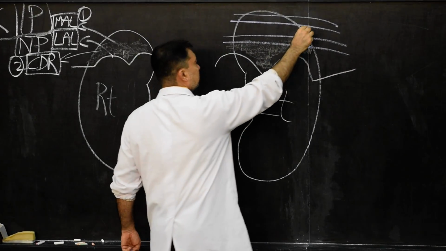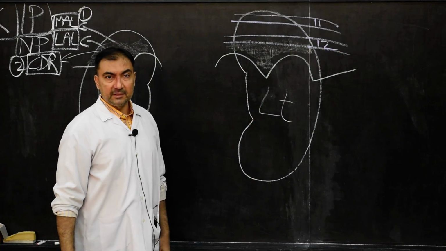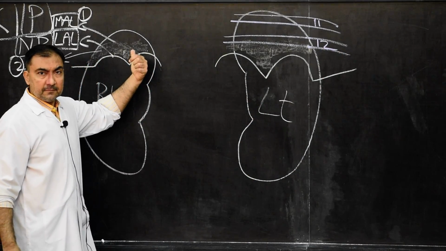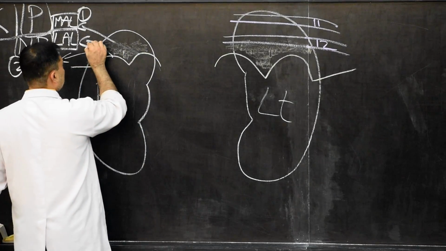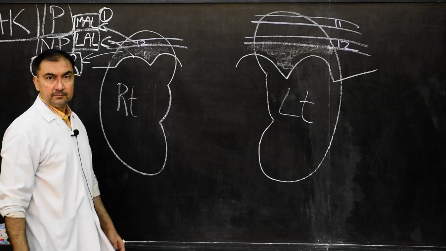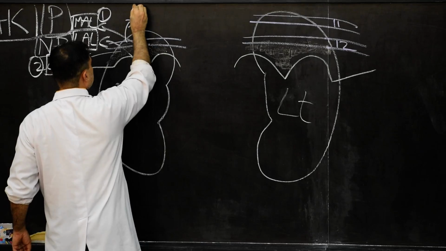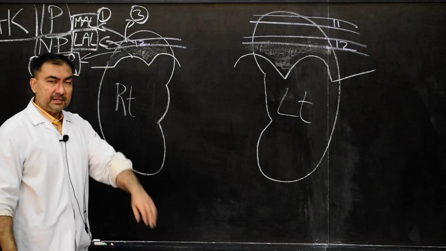And here, we can mark the 11th and 12th rib in case of the left kidney. In case of the right one, here we shall mark only the 12th rib.